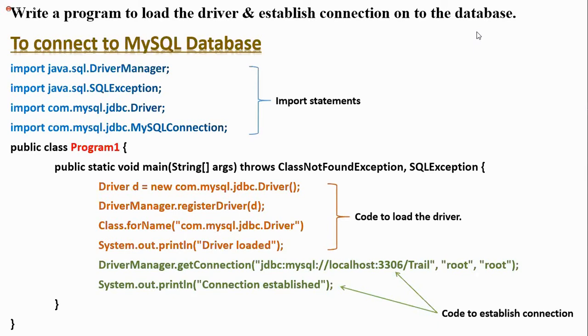You have to explain that. They will ask which one is better, DriverManager.registerDriver or Class.forName. You should tell them both perform the same task. It is up to the user as to which one to select. He can select DriverManager.registerDriver, or he can select Class.forName.